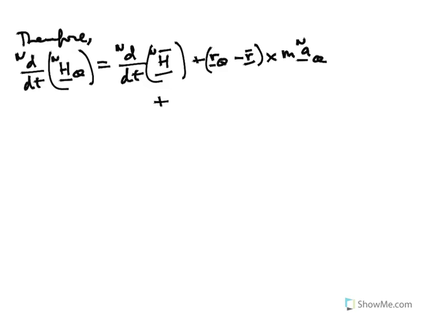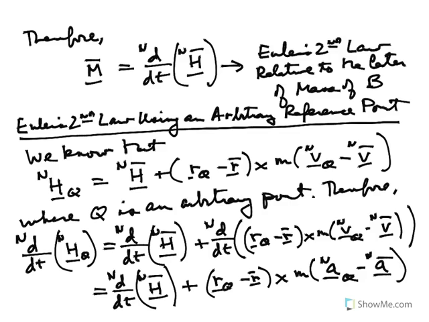We get plus, or I should say minus, (RQ minus R bar) crossed with M a bar in N, and that comes from the second term here.